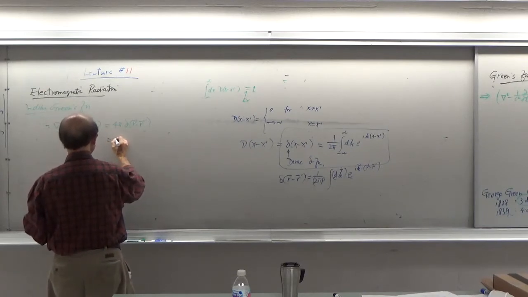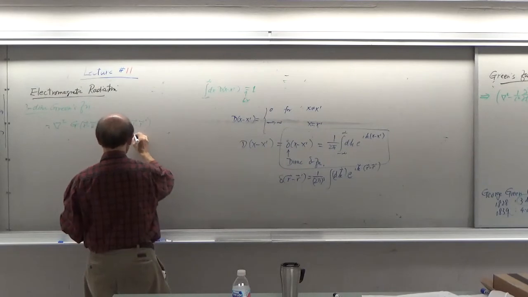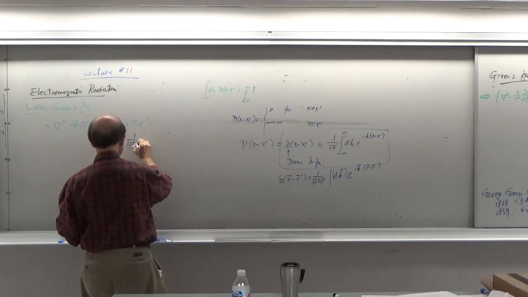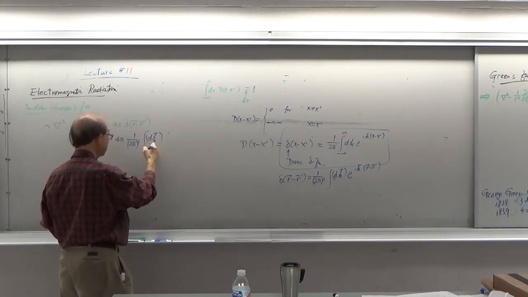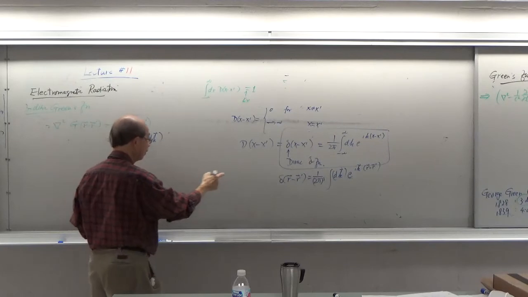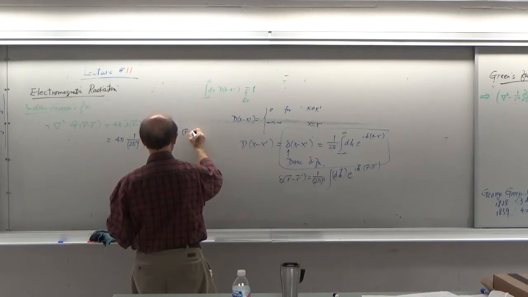So this is 4 pi times 1 over 2 pi cubed, integral of d^3k, there are 3 integrations here, dkx, dky, dkz, of e to the i k dot (r minus r prime).